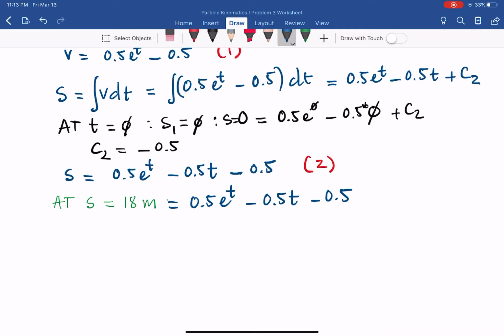And this is one equation, one unknown, about time. And then you can solve, of course, graphically or by trial and error.